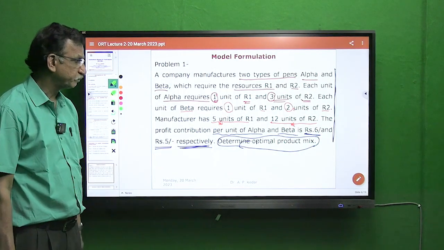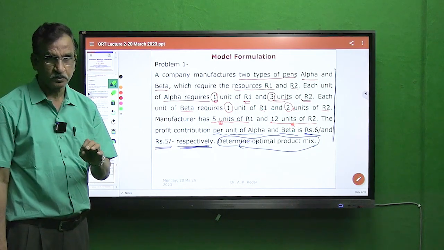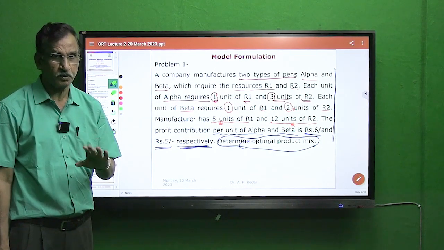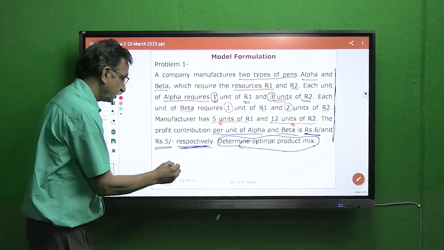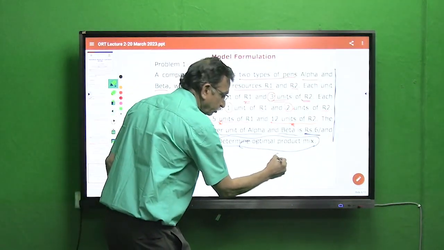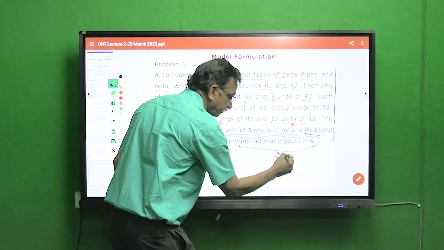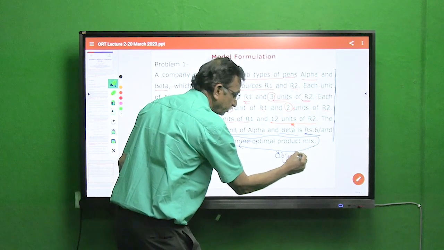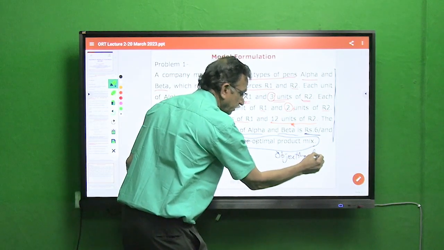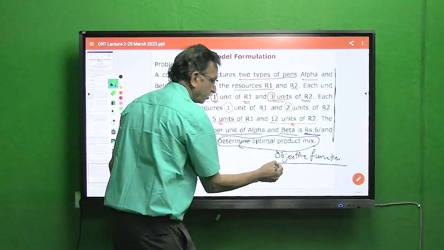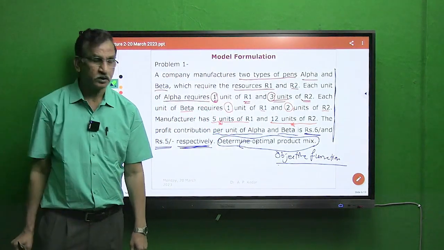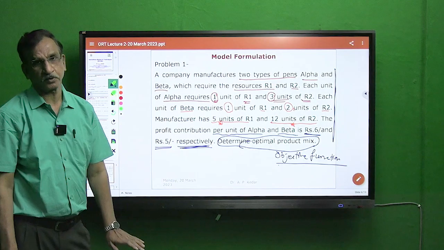Now see here, dear students, it is very important. It is not mentioned in this particular case, it is not given to you what the objective function is. Instead, what is mentioned is determine optimal product mix.